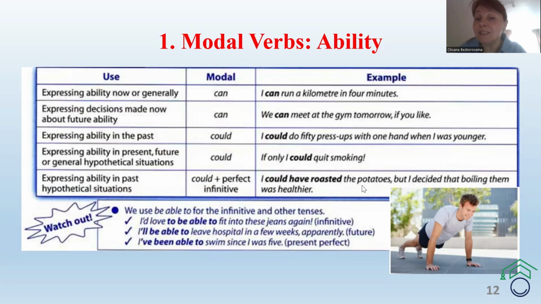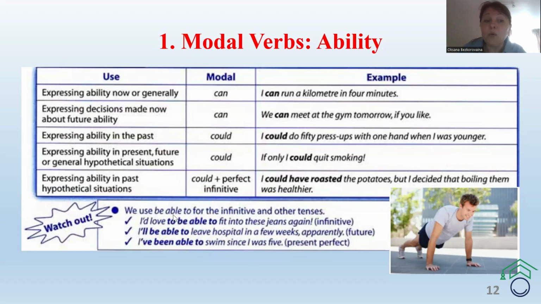I could have roasted the potatoes, but I decided that boiling them was healthier. It means that the situation happened in the past, and at the time I could have roasted the potatoes. But I decided that boiling was healthier.